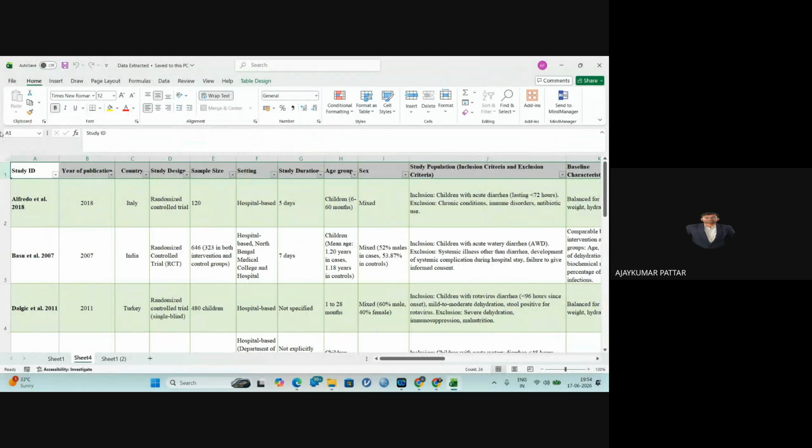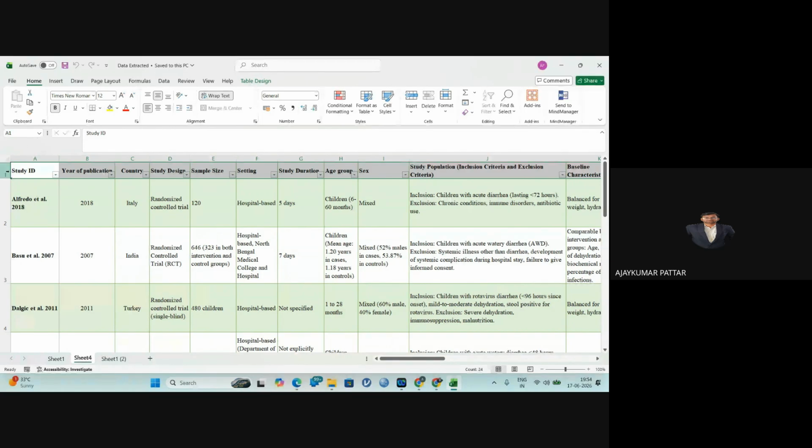This is one of the previous works we tried for learning purposes. Here we made the data wanted. This is a randomized control trial, with an intervention related to probiotics and other things, looking at the mean duration of diarrhea.